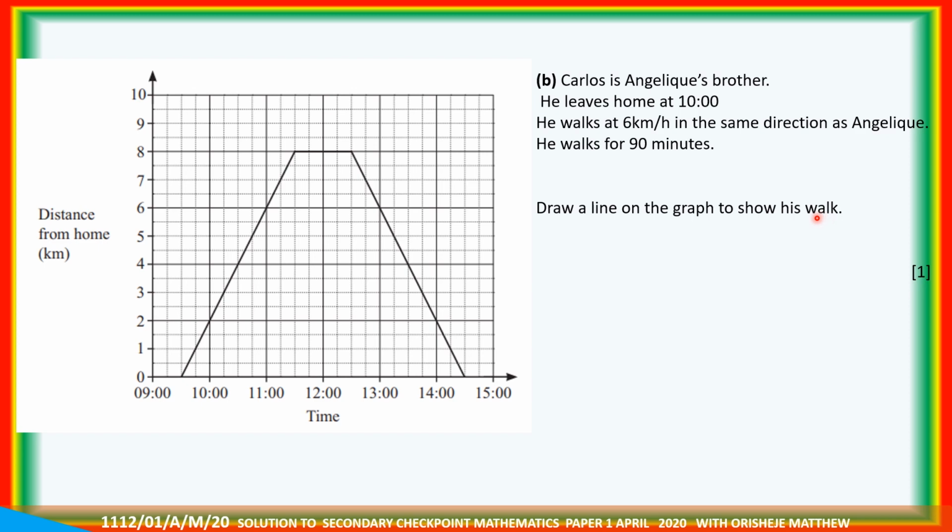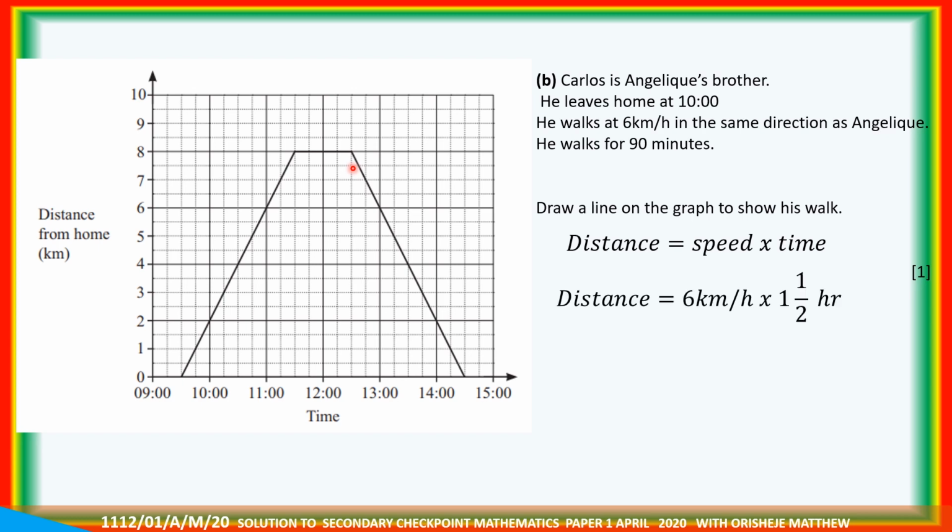Okay, so let's look at it. He left home when? 10 a.m. And he walked 90 minutes. So you have the beginning here, and then you look at the end from the information given to us. So we have distance equals speed times time.